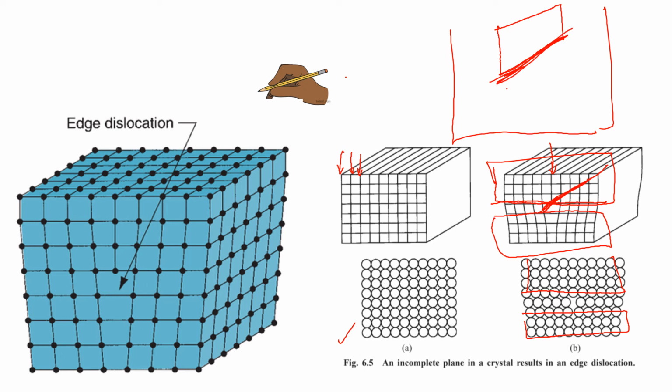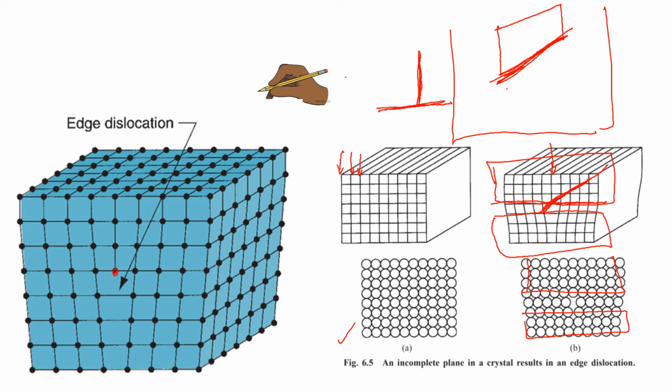We call it the edge dislocation. See, it is represented in this way. This is that plane, and here is the dislocation. The dislocation is not over the complete surface.